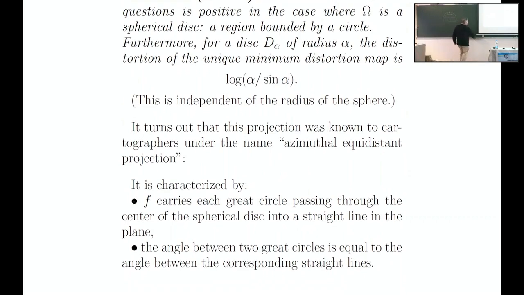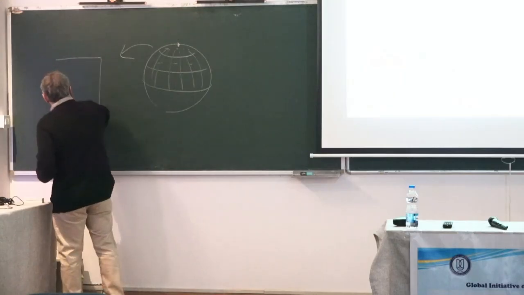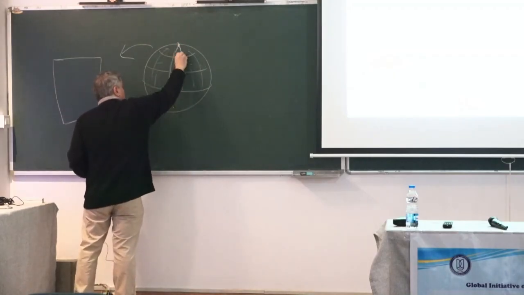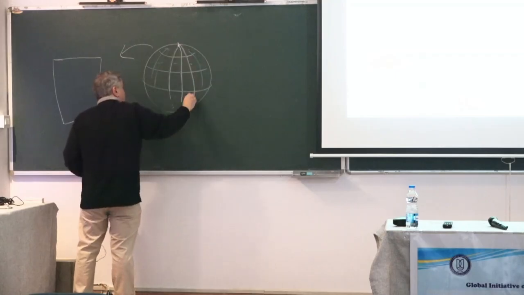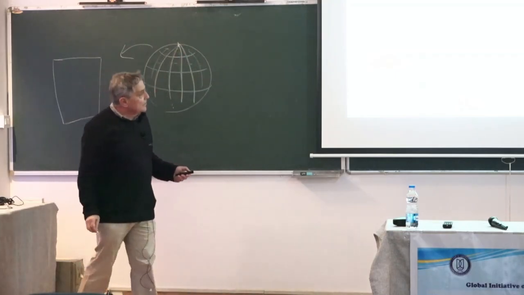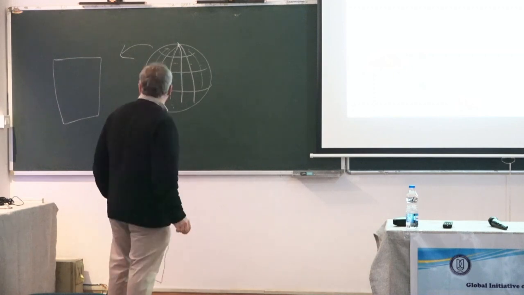So I wrote here, F carries each great circle passing through the center of the sphere into a straight line in the plane. So the map is here. This is the plane. So these great circles here will be sent to straight lines.